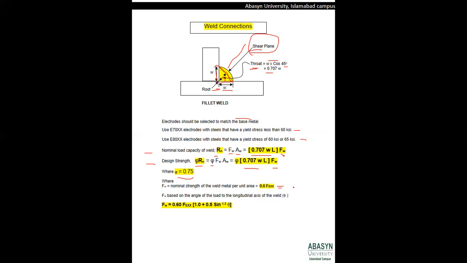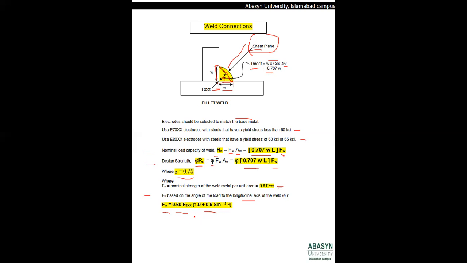Whenever we carry out a weld at any particular angle to the longitudinal axis or with respect to the perpendicular axis, the formula becomes Fw equals 0.6 times Fexx, the strength of the electrode, multiplied by (1 plus 0.5 sine raised to the power 1.5 of theta).